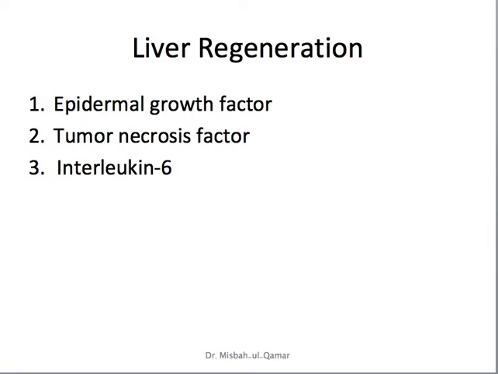But there are other growth factors also involved, like the epidermal growth factor, tumor necrosis factor, and interleukin 6. Still, keep in mind that hepatocyte growth factor is the main factor which causes liver regeneration.